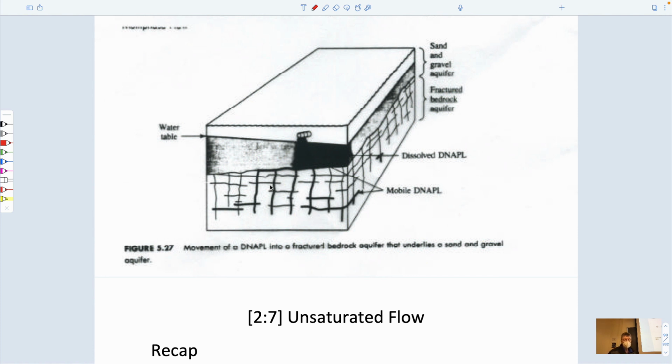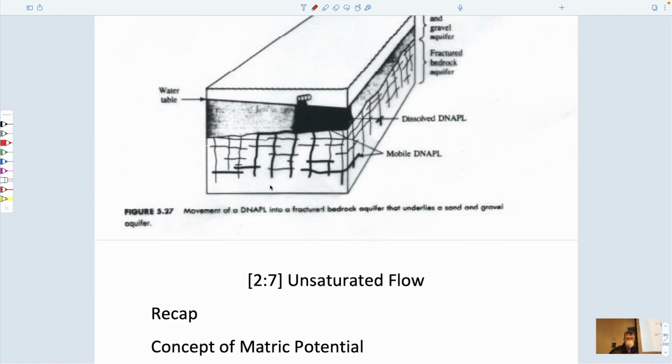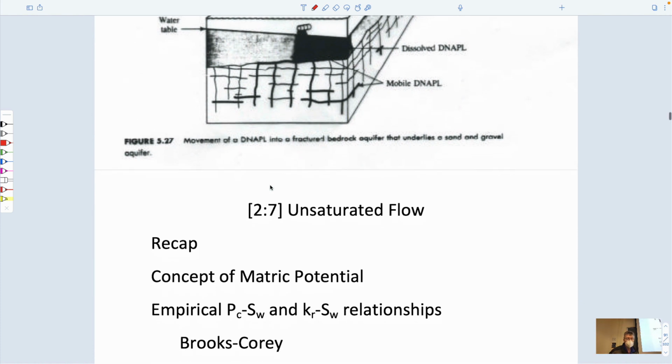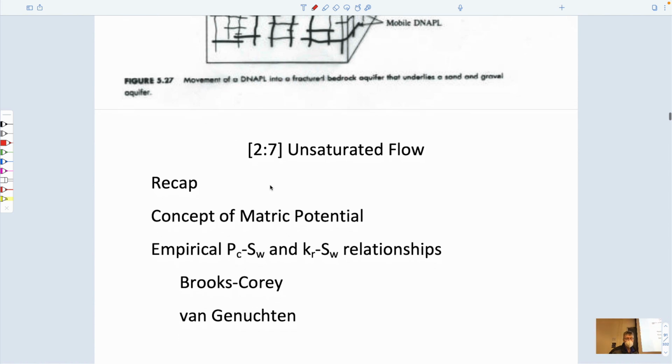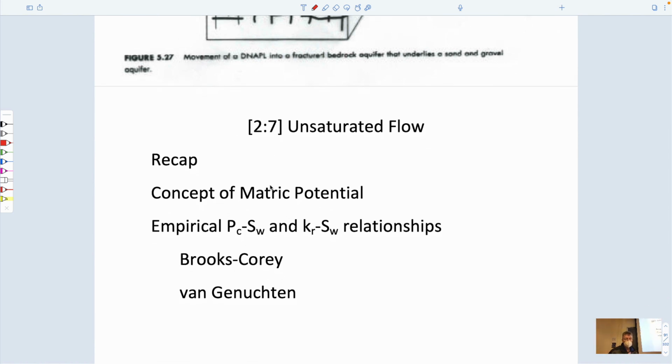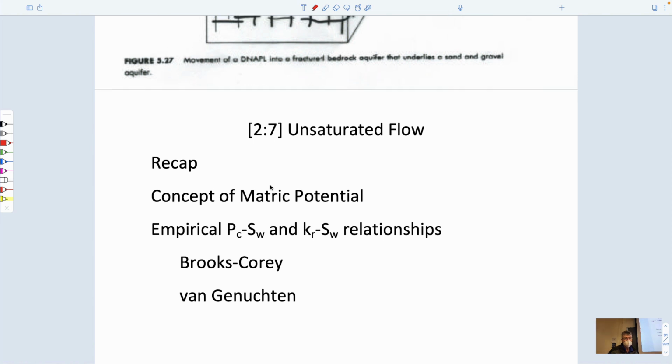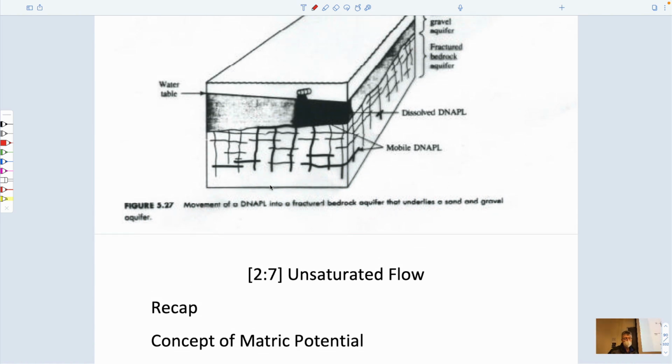And so fractured systems are the bane of these kinds of studies, because they are more difficult to characterize and define the behavior, only because we can't see what is there so easily. But the same rules in terms of capillary pressure versus saturation diagrams that control this response also hold for those systems as well.